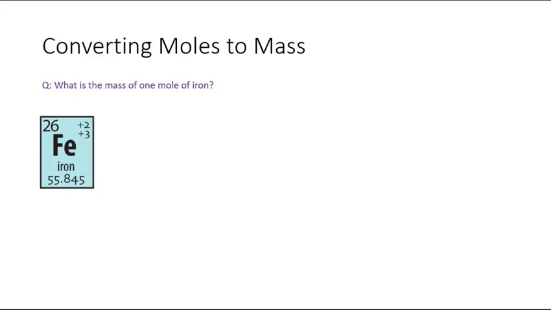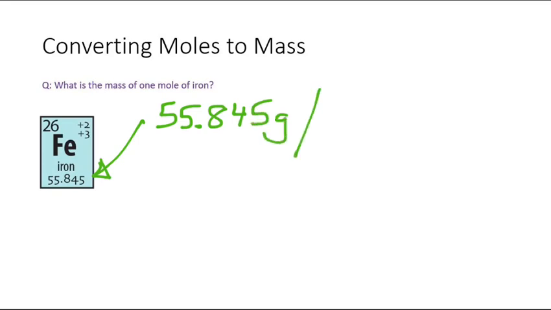You can actually quickly reference a periodic table to find the molar mass. This is actually the mass in grams of 1 mole of the substance. So for an atom, the mass is simply right below the chemical symbol, right there. That means that there are 55.845 grams per 1 mole of iron. This is an incredibly handy thing to learn.